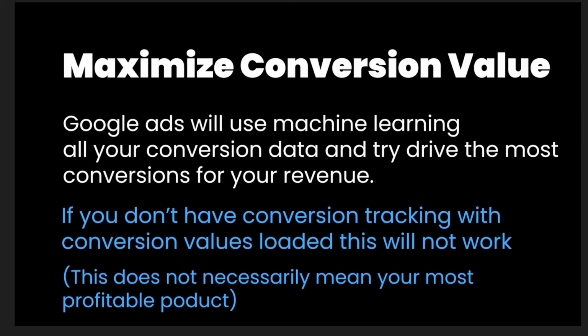Okay, so if you don't have conversion tracking with the conversion values loaded, this also won't work. So make sure that you dive deep into your conversion tracking and you've got your values set up so that Google knows that when you sell this product for $5, that's a $5 conversion. When you sell this product for $150, that's a $150 conversion. Okay, so that's maximize conversion value.